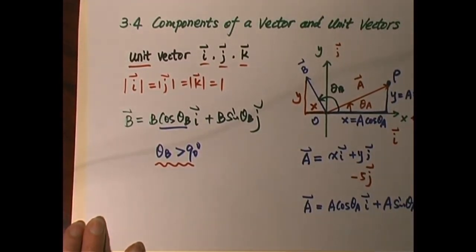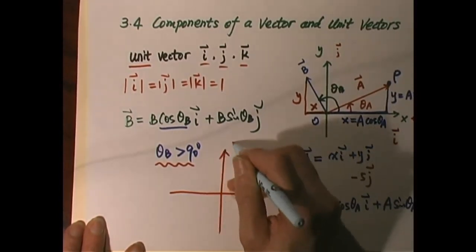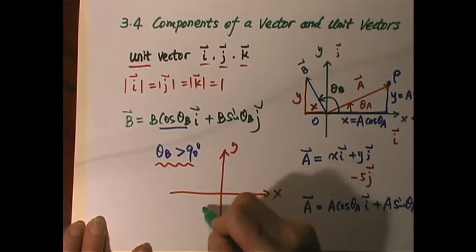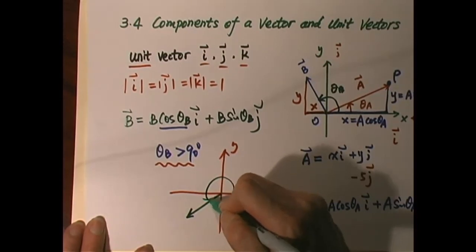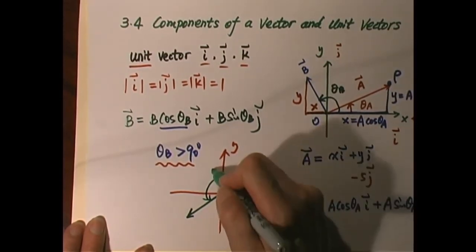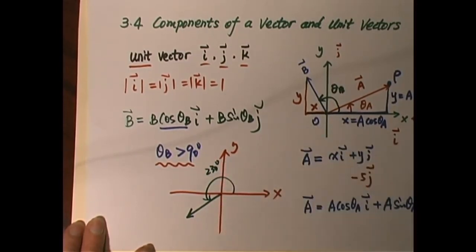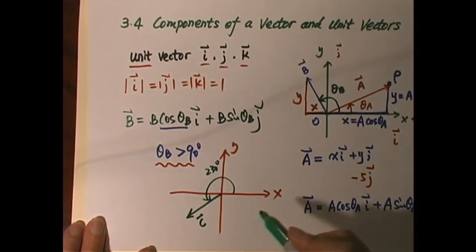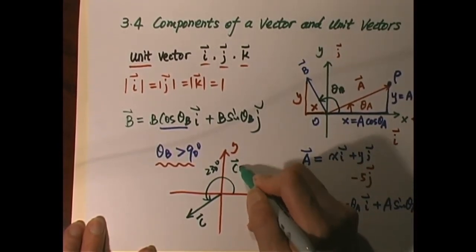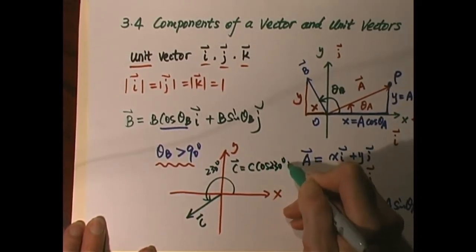If we look at another case, for example, if this is our positive x and that is our positive y, and we describe a vector like that, then the angle will be more than 180 degrees. Let's say this theta is 230 degrees, for example, and this is a vector C. If we want to express C, that is the magnitude of C times cosine 230 degrees of i.